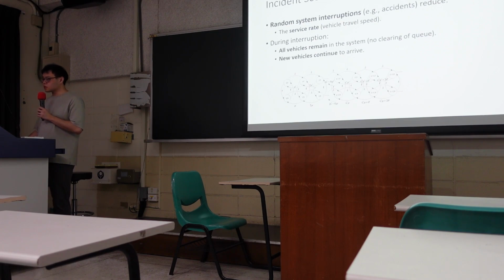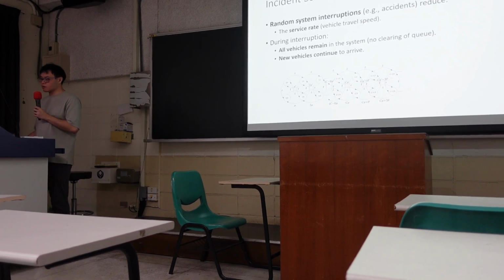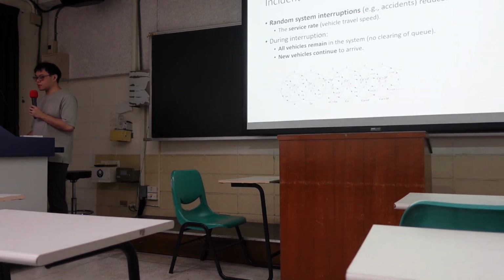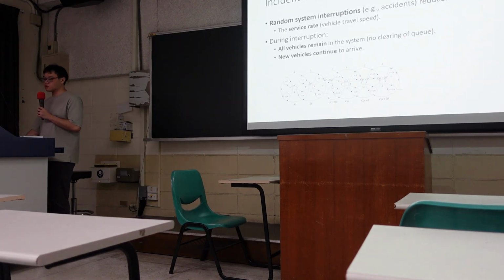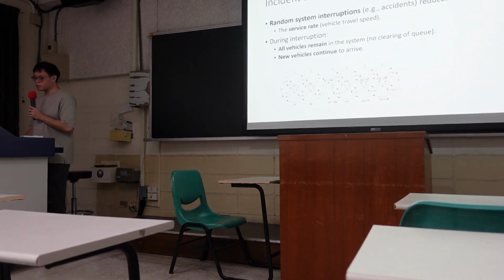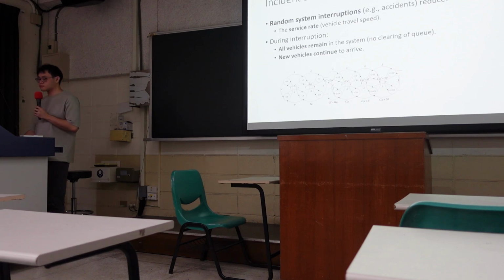And during the interruption, there are two key assumptions. First, all vehicles already on the road remain in the system. That means we don't remove or clear any cars from the segment even when the service slows down. And second, new vehicles continue to arrive as usual.